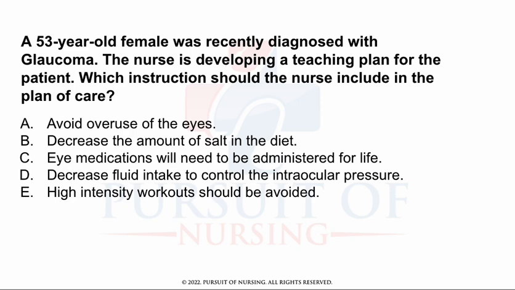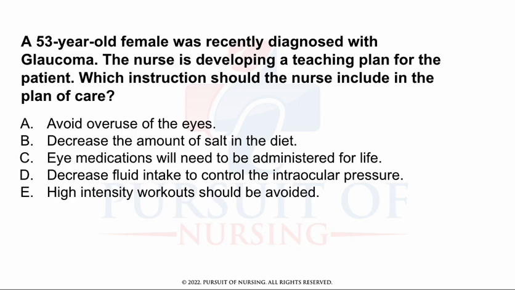So, to avoid overuse of the eyes, decrease the amount of salt in the diet, tell the patient that the eye medications will need to be administered for life, instruct the patient to decrease fluid intake to help control the intraocular pressure, and tell the patient that high intensity workouts should be avoided.